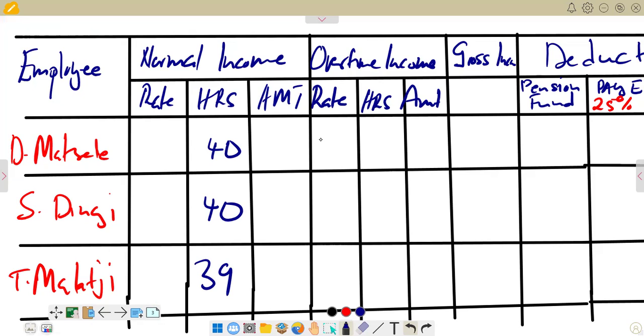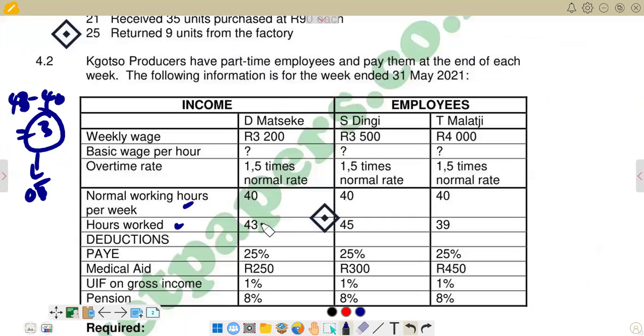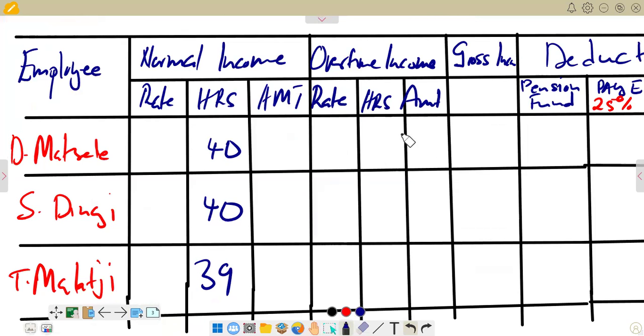For the first employee, we have 3 extra hours, 43 minus 40, which gives 3. Then 45 minus 40 gives 5. Then we have 0 overtime hours. So on overtime we put 3 for the first employee, 5 for the second, and 0 for the third.